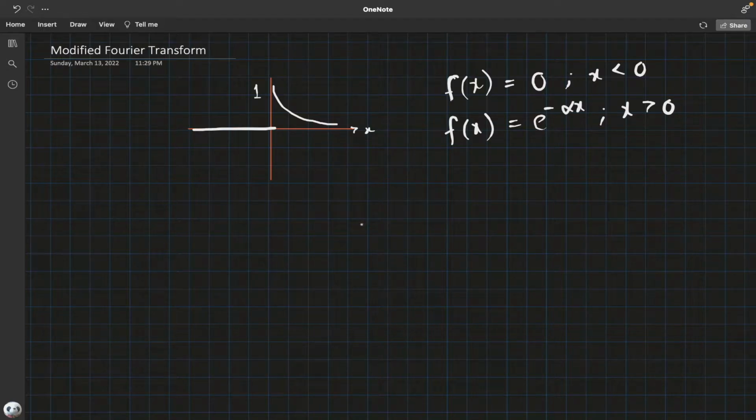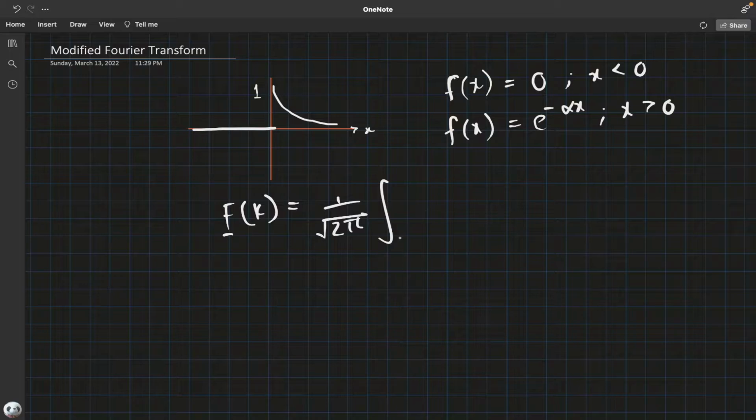Okay, so say we have to take the Fourier transform of this. It's pretty simple. It can be complex, that's what I want to emphasize. So it's 1 over square root of 2 pi, the integral from negative infinity to infinity dx e to the negative ikx, where k is real.